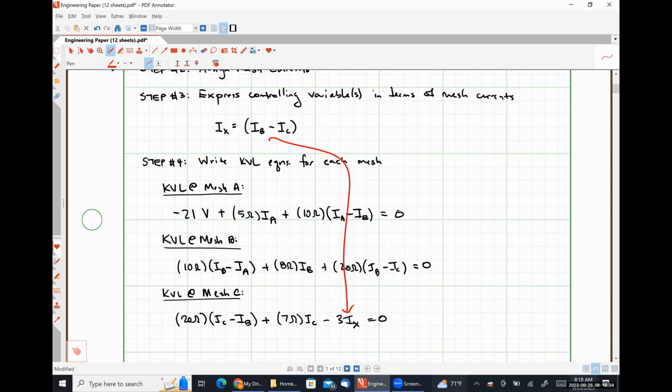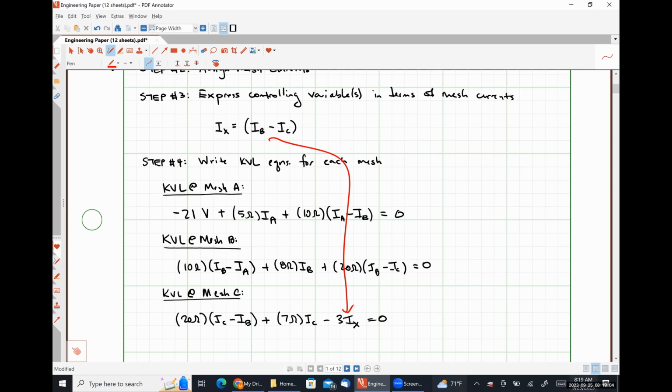of the equal sign. For my KVL at mesh B equation, my coefficient for IA is negative 10. My coefficient for IB is 10 plus 8 plus 20. My coefficient for IC is negative 20. My constant term is 0. Now for my KVL at mesh C equation, my coefficient for IA is going to be 0.